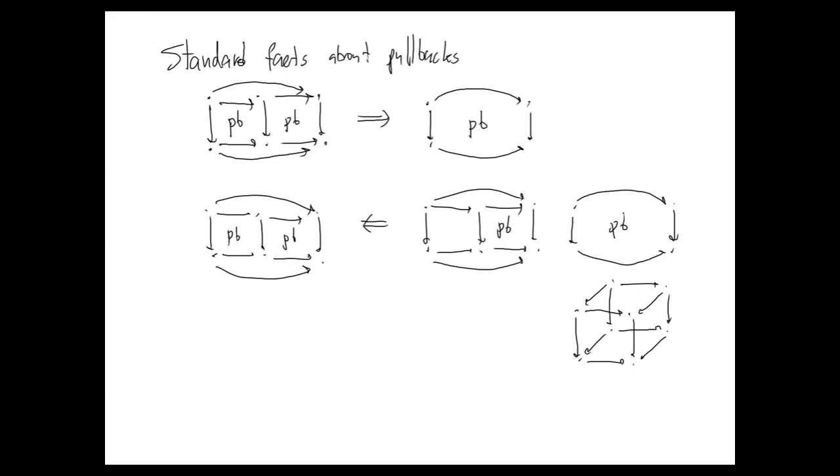Another way to indicate a pullback is by drawing this little angle thing here. It's easier for the cube. So if this is a pullback, and that is a pullback, and that is a pullback, then it will imply that the top face is a pullback as well.